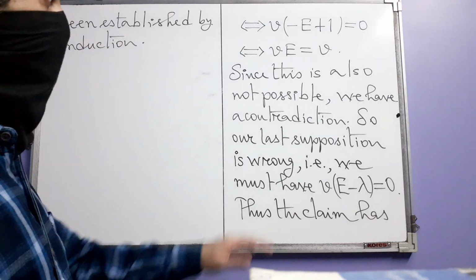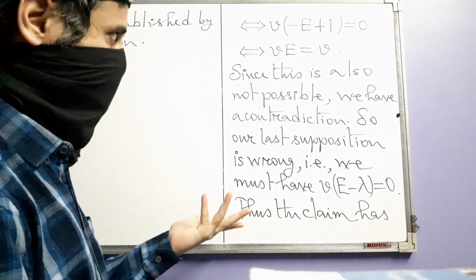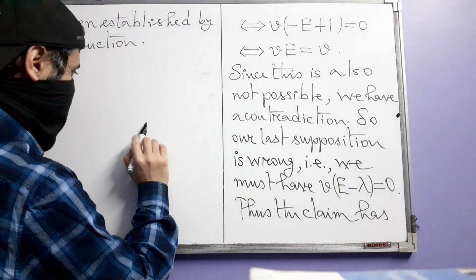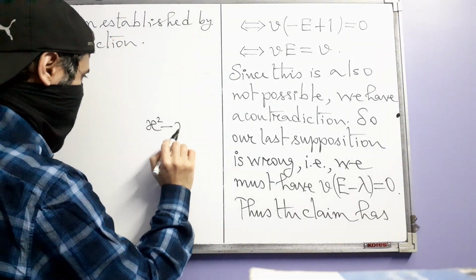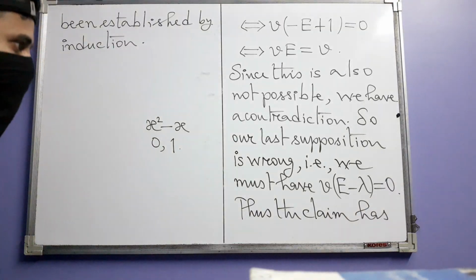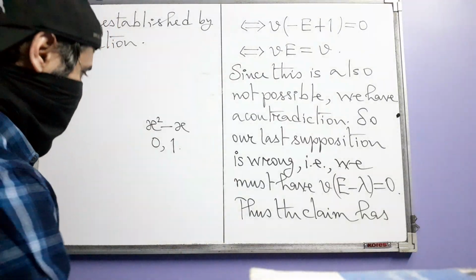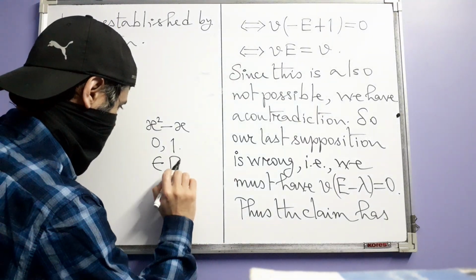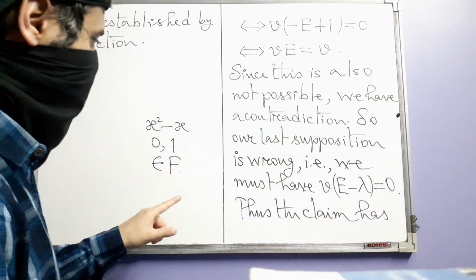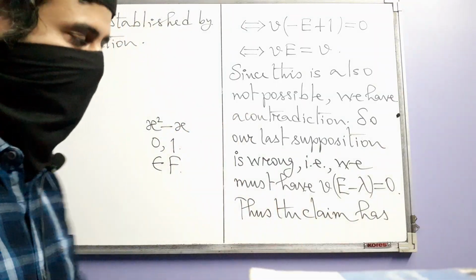Oh, and the issue of the possible eigenvalues of E. You can clearly see that since the minimal polynomial of E has to divide this polynomial whose roots are 0 and 1, the possible eigenvalues are 0 and 1, and of course, both of them belong to the underlying field, no matter what field we are considering, even when F is the smallest field possible, which has only two elements 0 and 1, still there 0 and 1 are there.